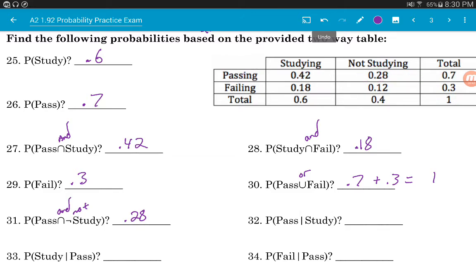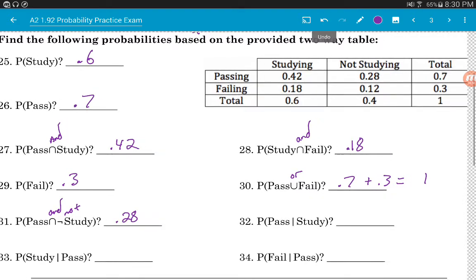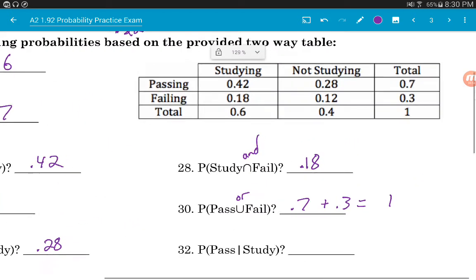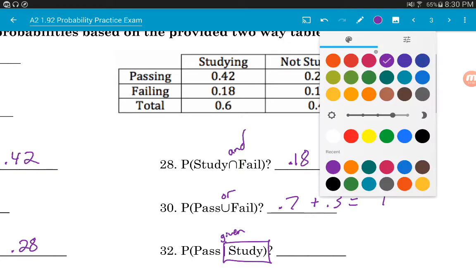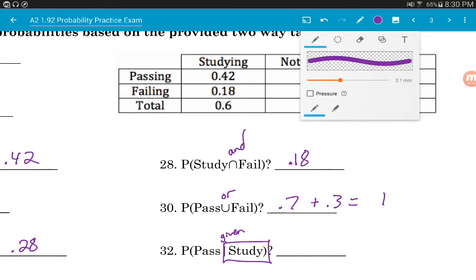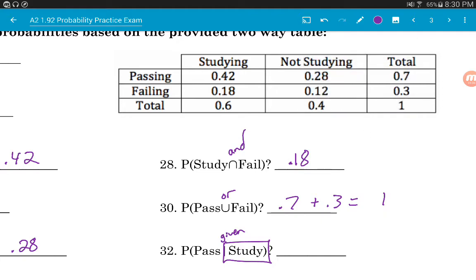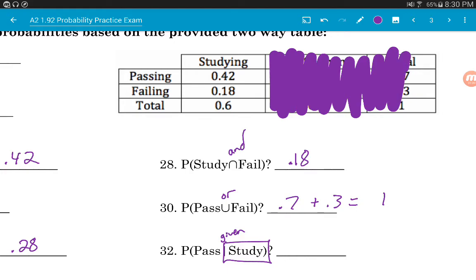Passing given studying. Now here's where the fun stuff comes, right? I can't cover things up with my hands because you can't see my hands. So pass given study. This condition, the study, tells me the only data I should be looking at. I'm only interested in studying right now, so the rest of this is not important to me for question 32.